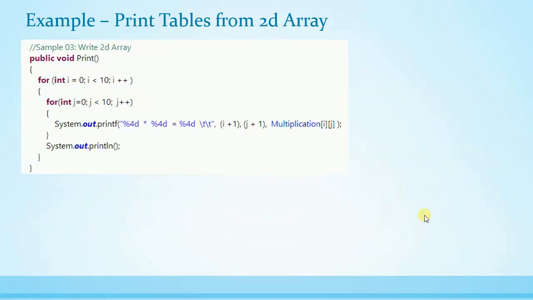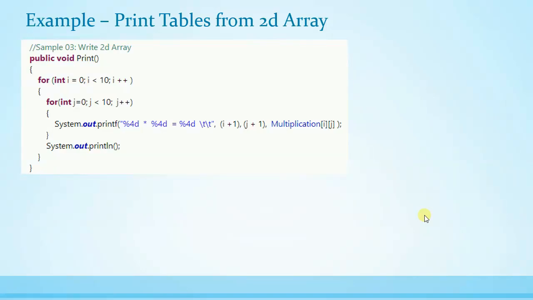Since the index starts from 0, the values are retrieved not as 1, 1 as I initially told. They will be retrieved as 0, 0, 0, 1, 0, 2, 0, 3 to generate the first multiplication table.